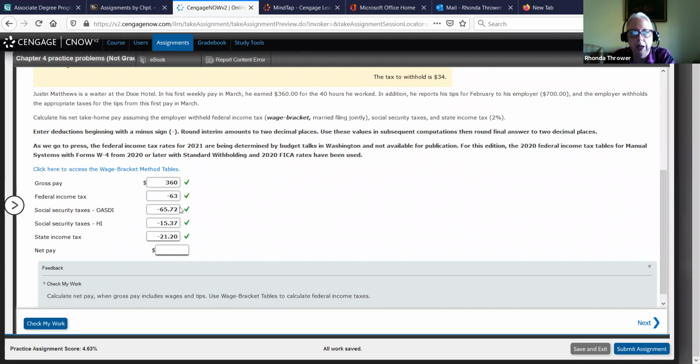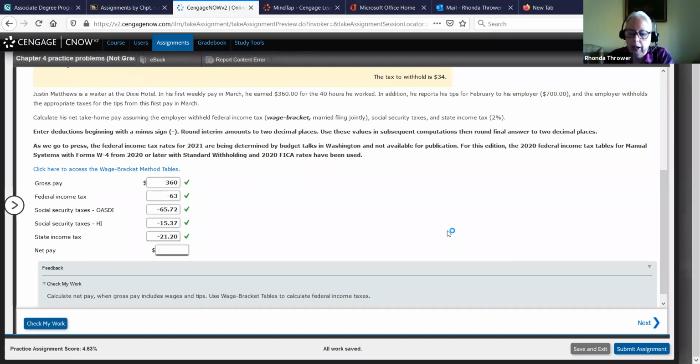To find the net pay, you take the gross pay and subtract each one of these deductions from it to get the net amount that is going to be paid to this employee. So 360 minus 63 for federal income taxes, minus 65.72 for your OASDI, minus $15.37.